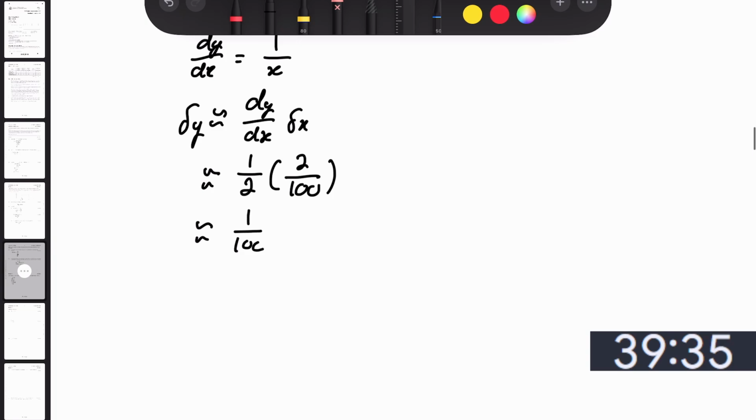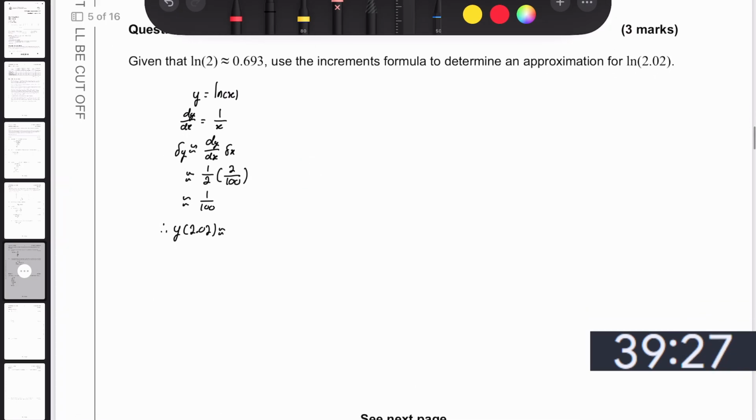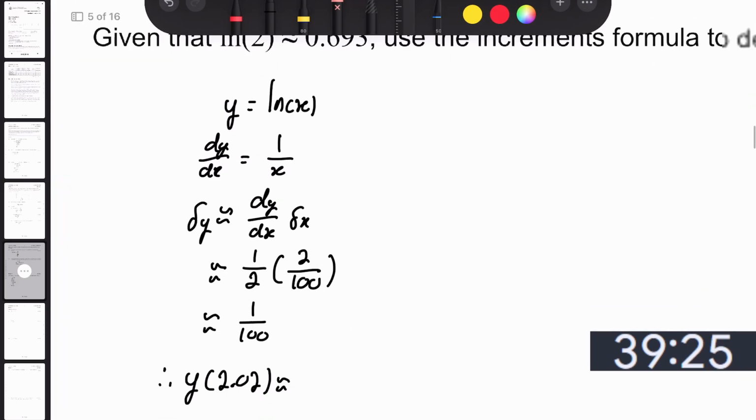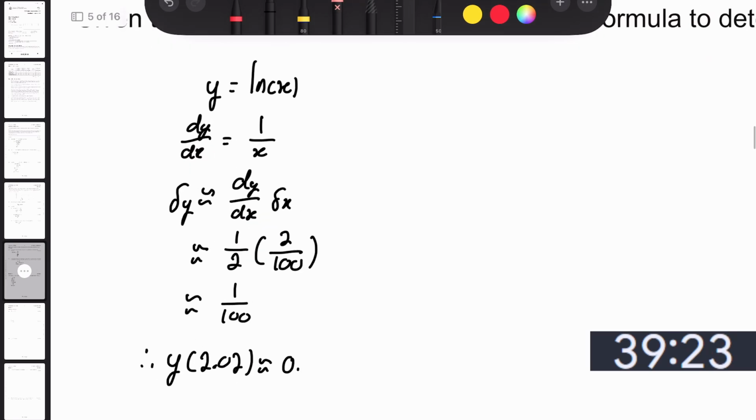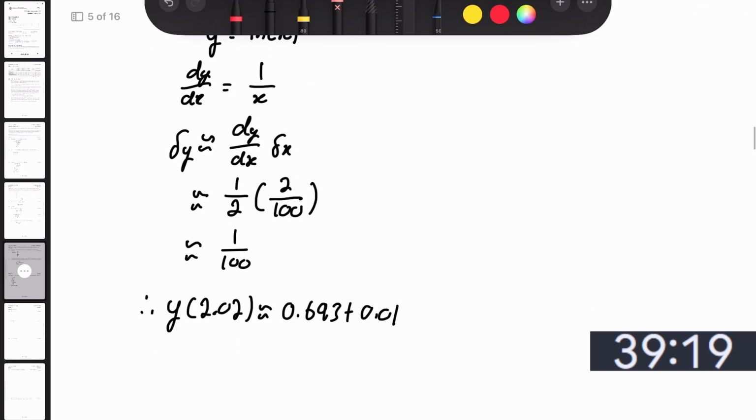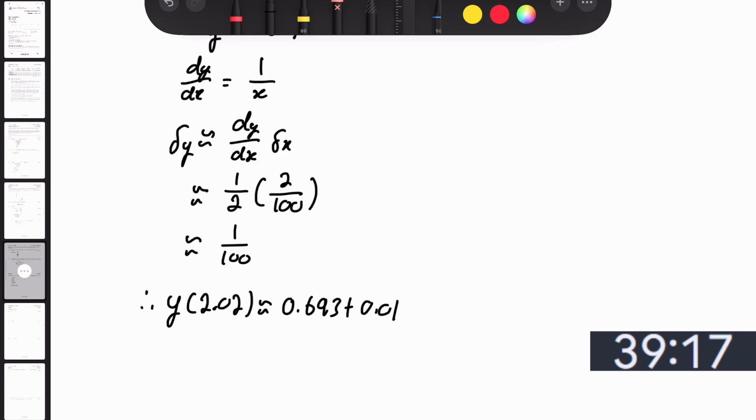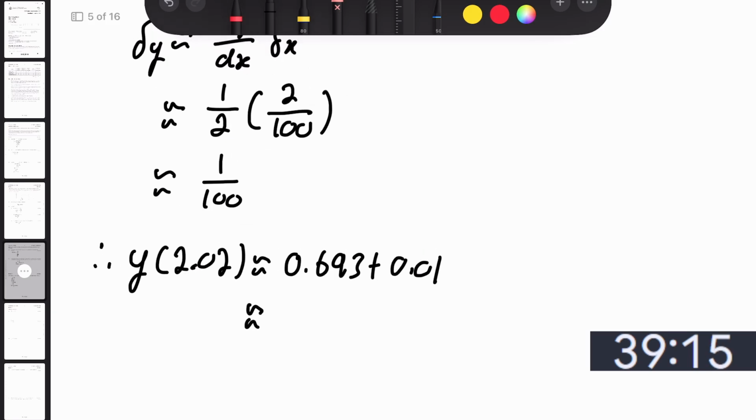It's going to be approximately 1 on 100. For y of 2.02, it's approximately going to be 0.693 plus 0.01. So that's approximately 0.703.